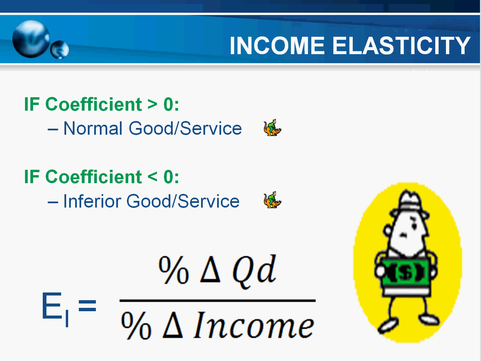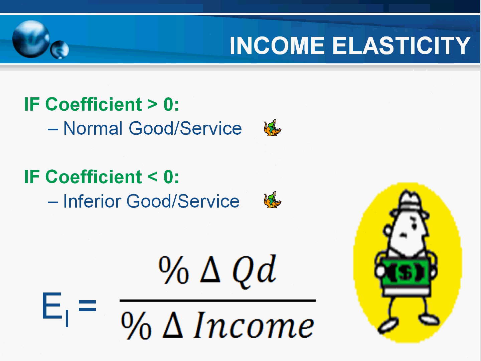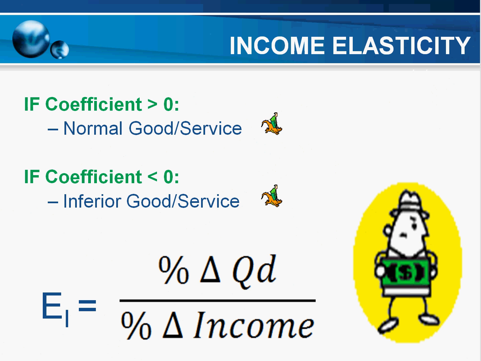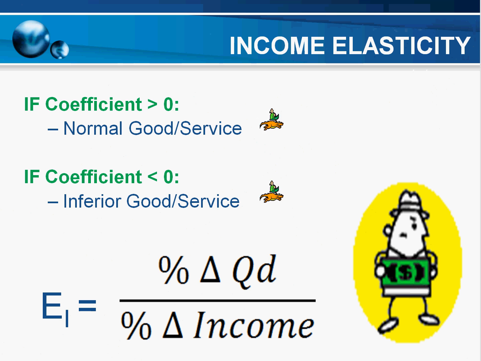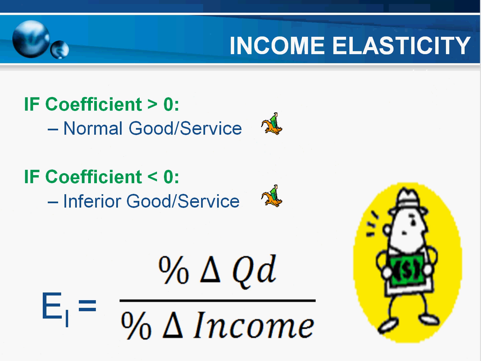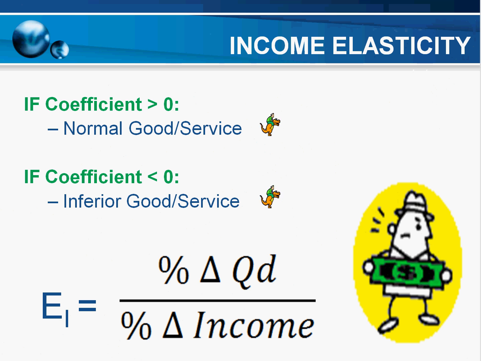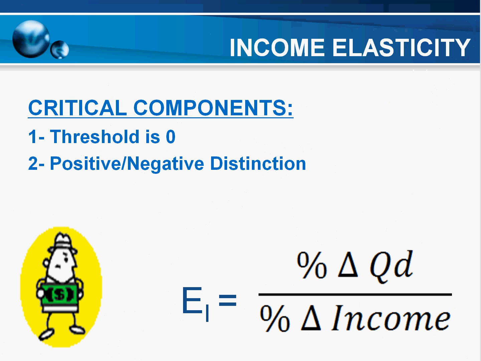If income elasticity equation results in a coefficient or answer that is greater than 0, we call this good or service normal. If, however, the coefficient for income elasticity results in a number less than 0, or a negative number, we call this good or service inferior.